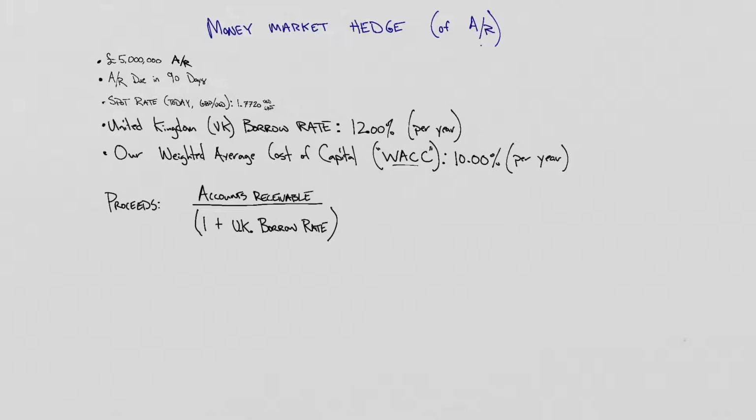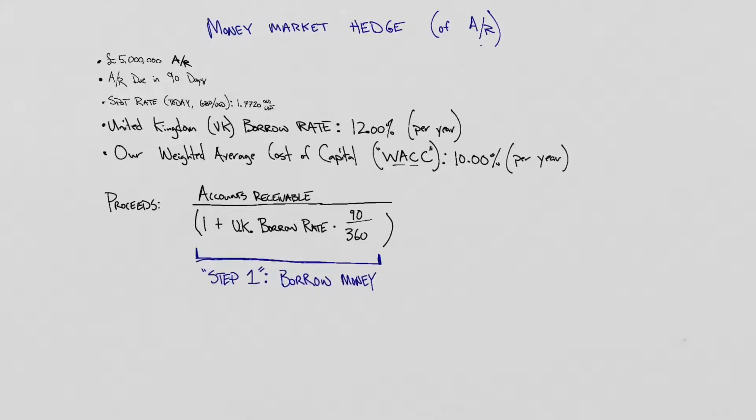That's why we deflate this accounts receivable, or decrease it, by the borrowing rate at this London bank. And since this is a 12% per year interest rate that we're borrowing, and we are only borrowing for 90 days, we scale down that 12% by 1/4.